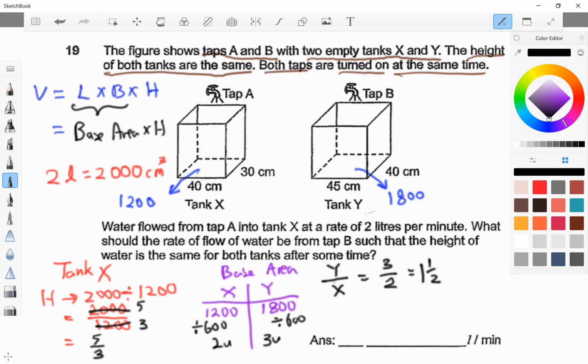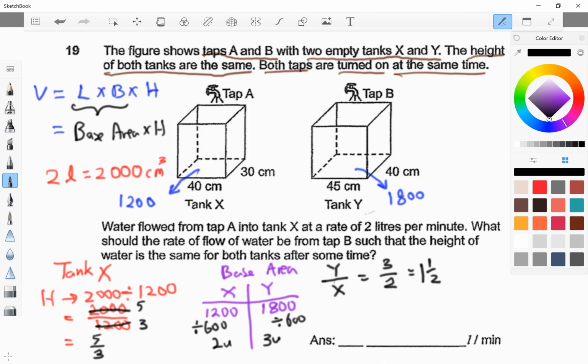In order for the heights of both tanks to be the same, given that tank Y has a much bigger base area, it would be logical to say that the amount of water that flows through tap B has got to be more than that of tap A.